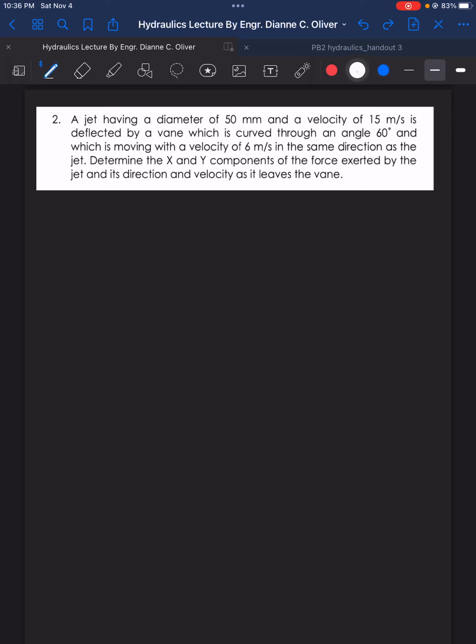So first, what's the vane here? It's deflected by a vane which is curved through an angle of 60 degrees. So our vane is 60 degrees. Say this is our 60 degree vane. So it will be deflected like this.